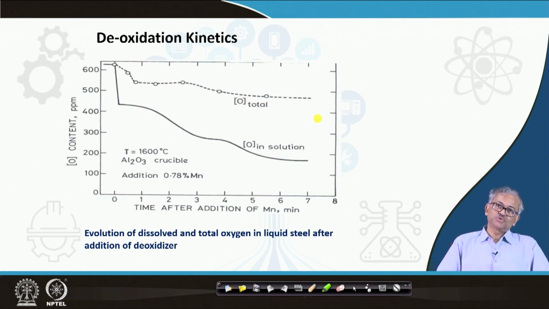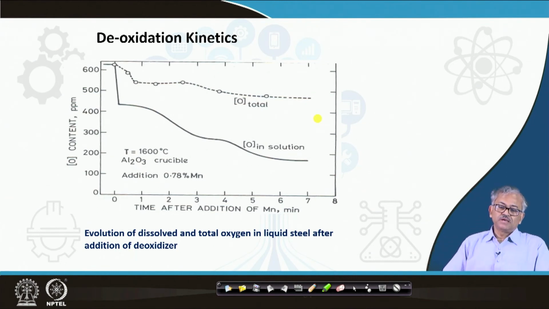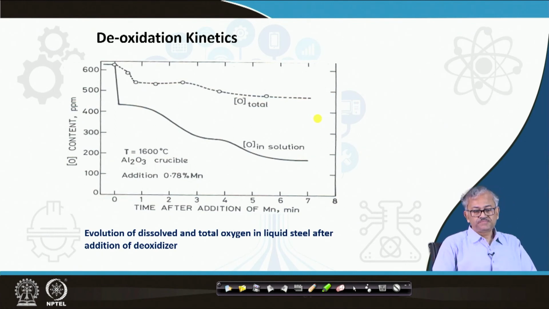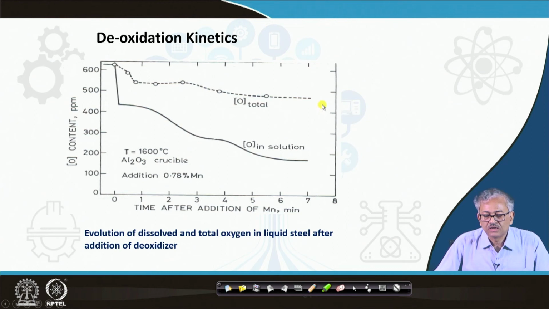The transport of MnO from the liquid bulk to the slag is not very fast compared to its formation. So it is a very slow process. Manganese oxide is not rising up as quickly as it forms. So that is the rate controlling step.